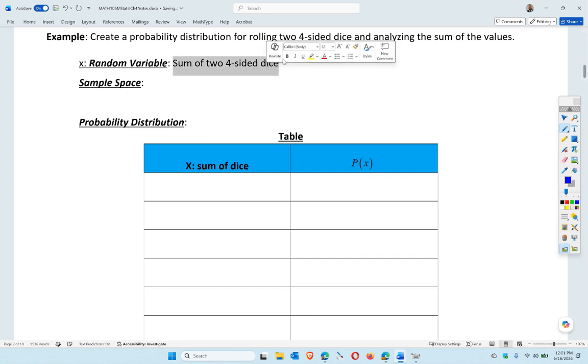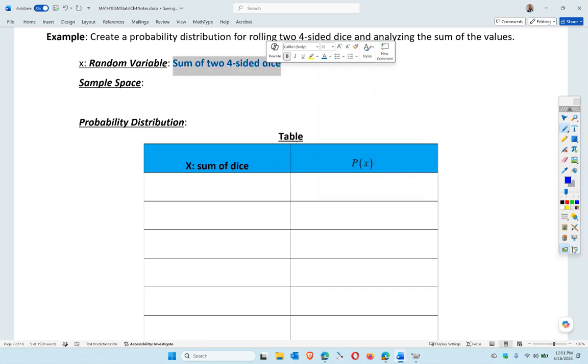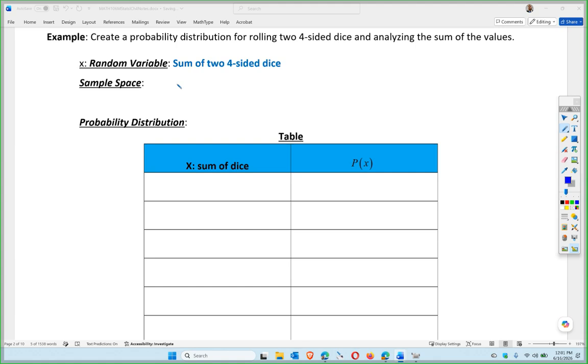Okay, so we need a sample space. Right, so the sample space would essentially be a bunch of pairs, right? Because you get a 1 and a 1 as your first pair, correct? And you can get a 1 and a 2, right? All the way to the last one, dot dot dot, which would be a 4 and a 4, correct?